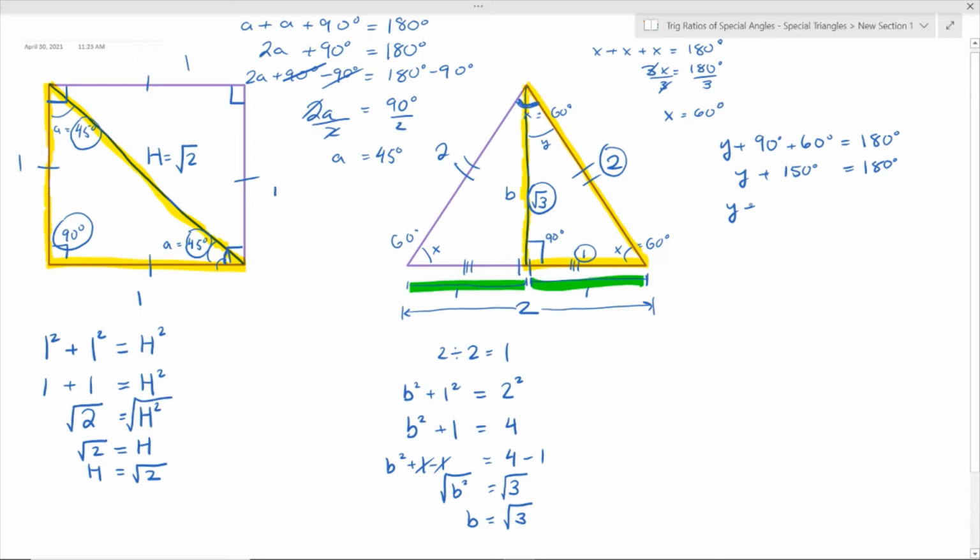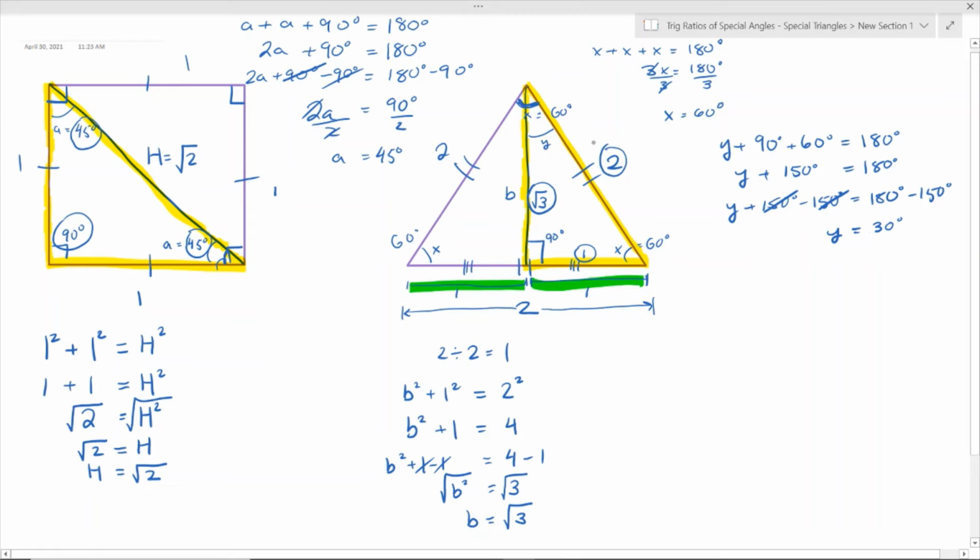And then I can do this. I can subtract 150 degrees from both sides, like this. Okay, and then this will cancel. So I'm basically solving for y. So for y, I'm going to get 180 degrees minus 150 degrees. And that's basically equal to 30 degrees.